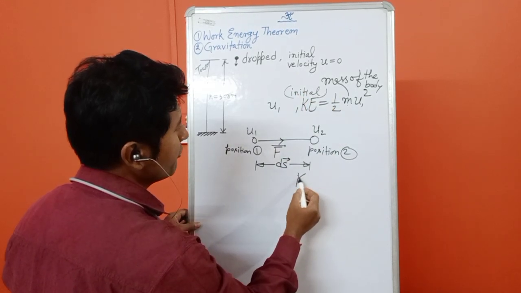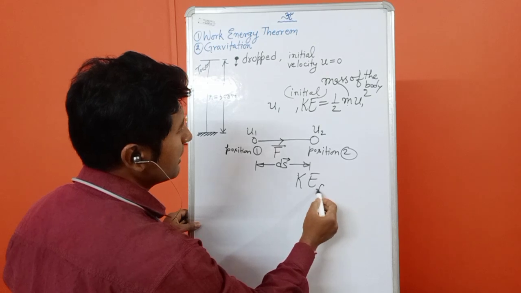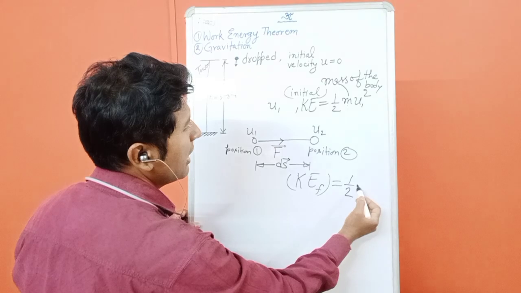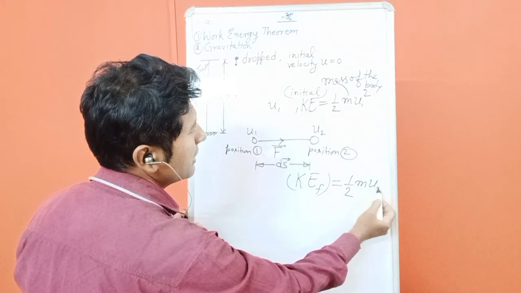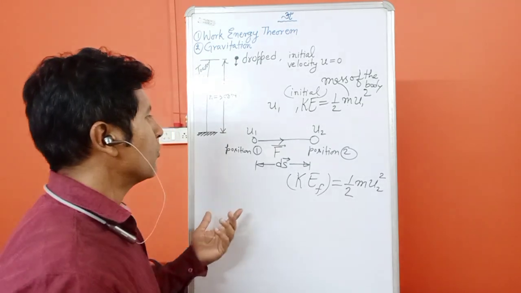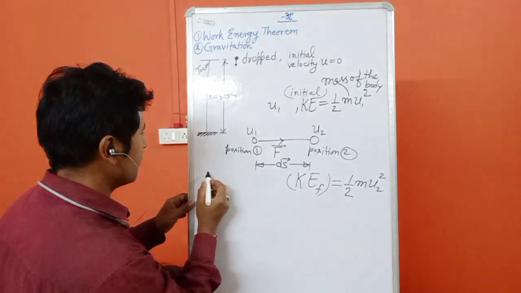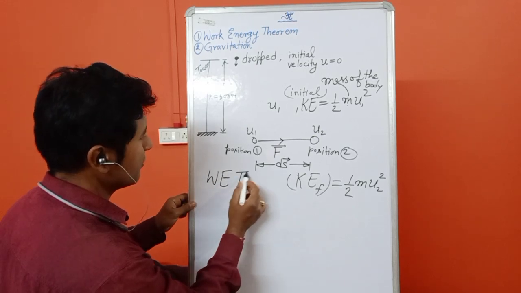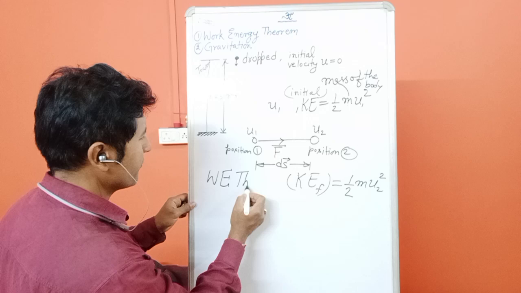Now to find the final kinetic energy, KEF, what will it be? Half m u2 square. Is the point clear?